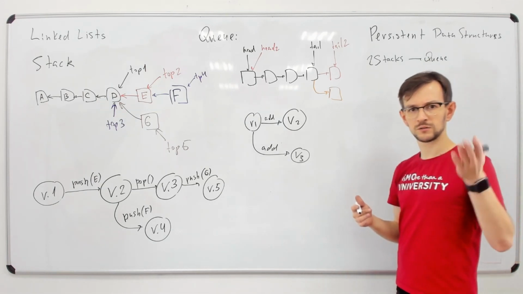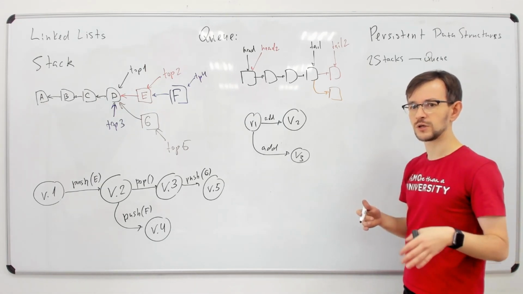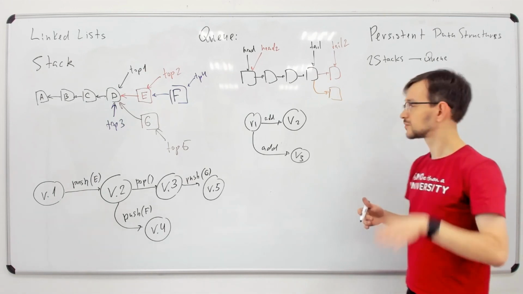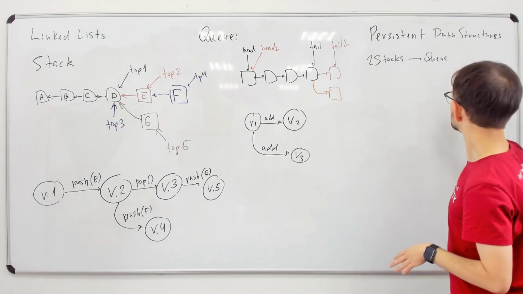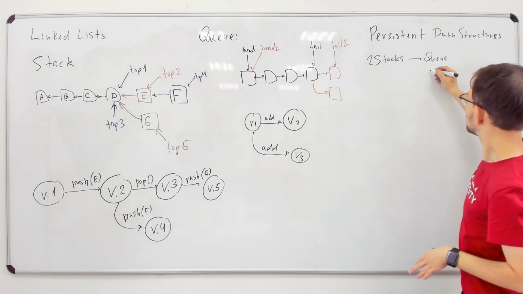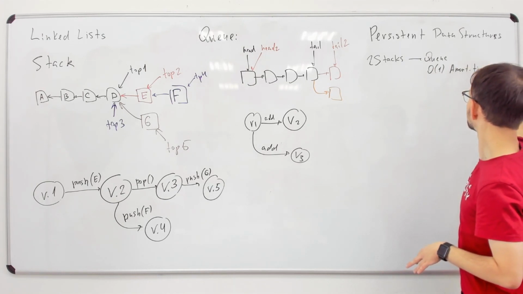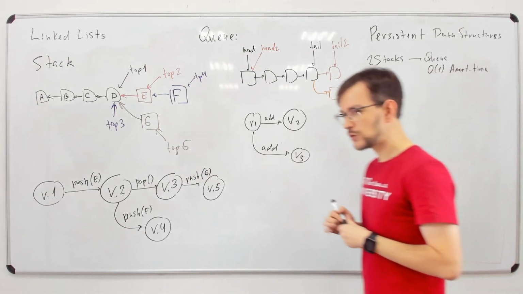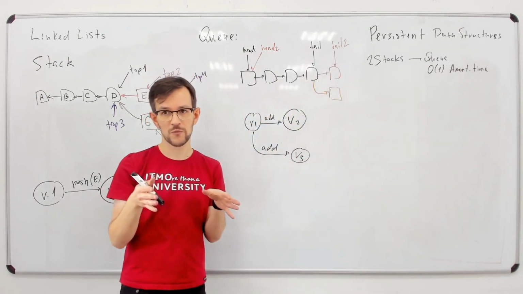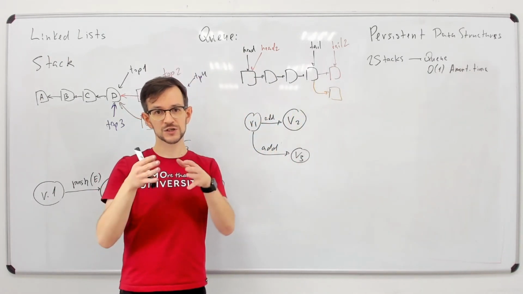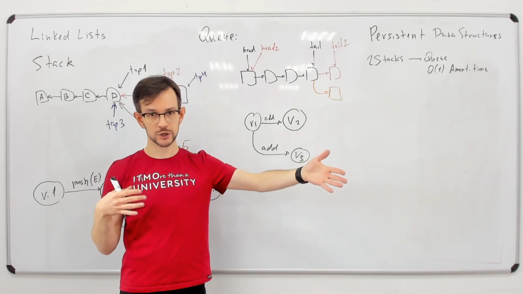Yeah, you can watch the previous lecture on YouTube. It was pretty nice. And when the amortized time of the operation is small, you cannot just create a persistent data structure.